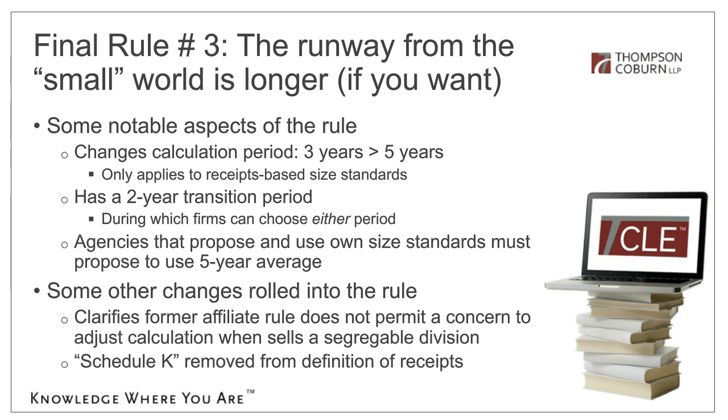And SBA clarified that not only does that mean you can't adjust your calculation for receipts, you also can't adjust that for the number of employees you have. The other thing that this rule did was it removed Schedule K from the definition of receipts.